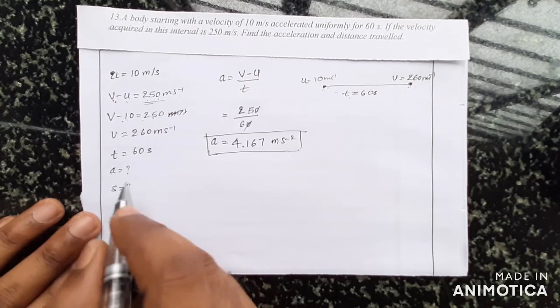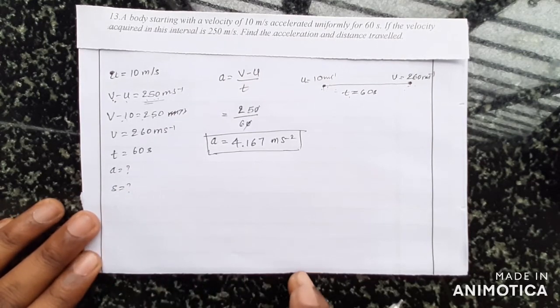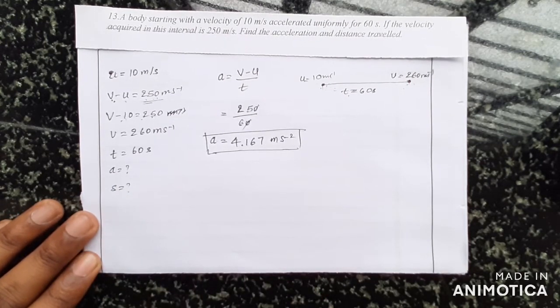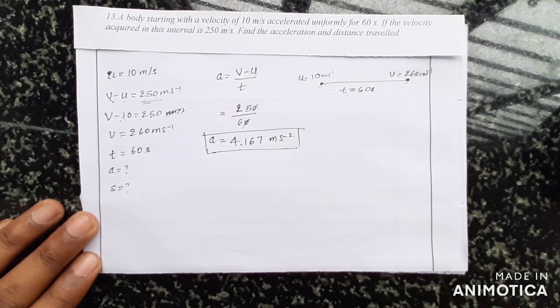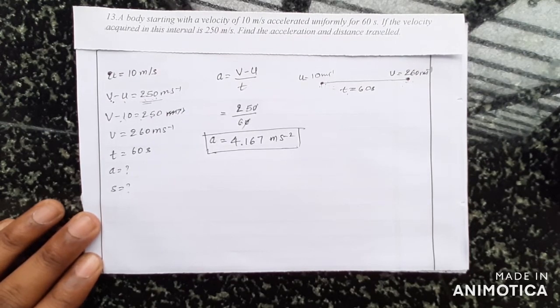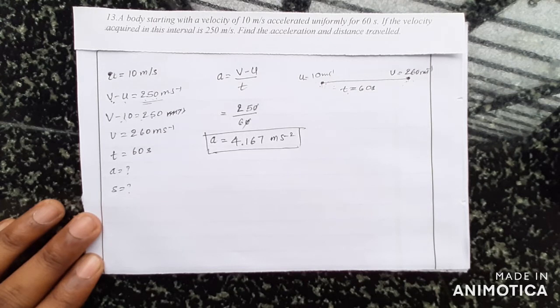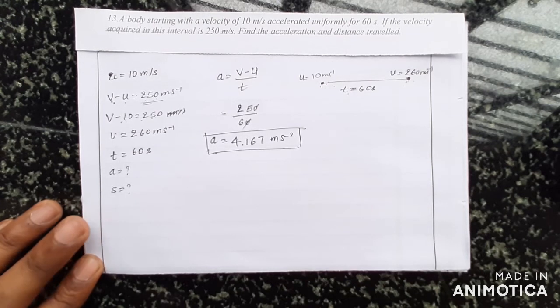And for displacement, I can use any formula: s is equal to ut plus half at squared, v squared minus u squared is equal to 2as, and also s is equal to u plus v by 2 into t.